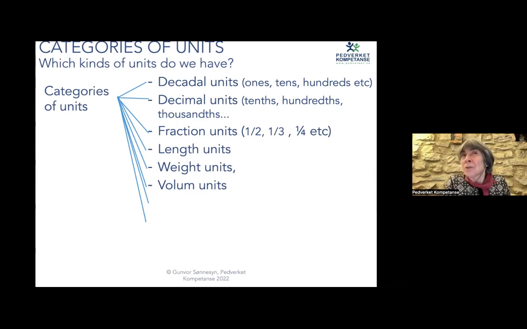Several years ago, I'm not sure how it is now, this was used as an example and a kind of a concrete thing, but just one picture and one means of thinking, using this as the only way of learning it. They used centimeters as hundredths and meters as ones.